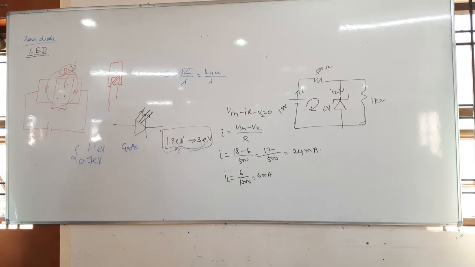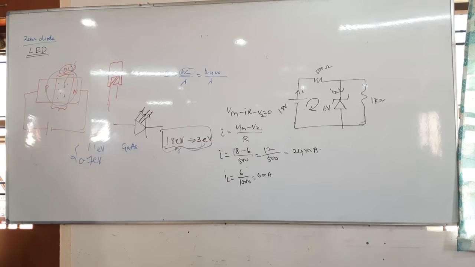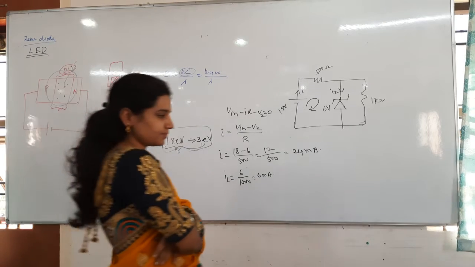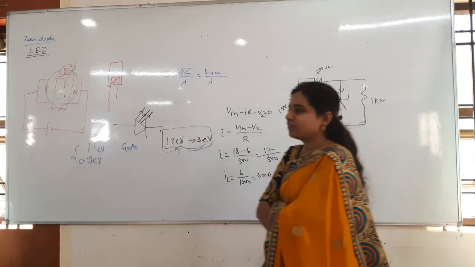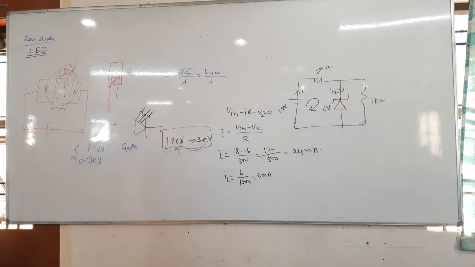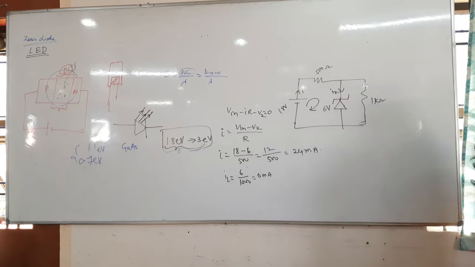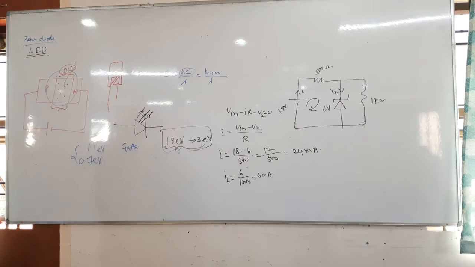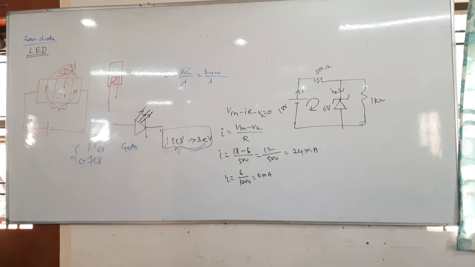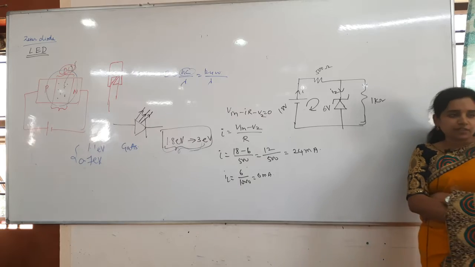In the next line, due to more availability of free charge carriers, when connected in forward bias, due to more number of recombinations at the depletion region, energy will be radiated out.